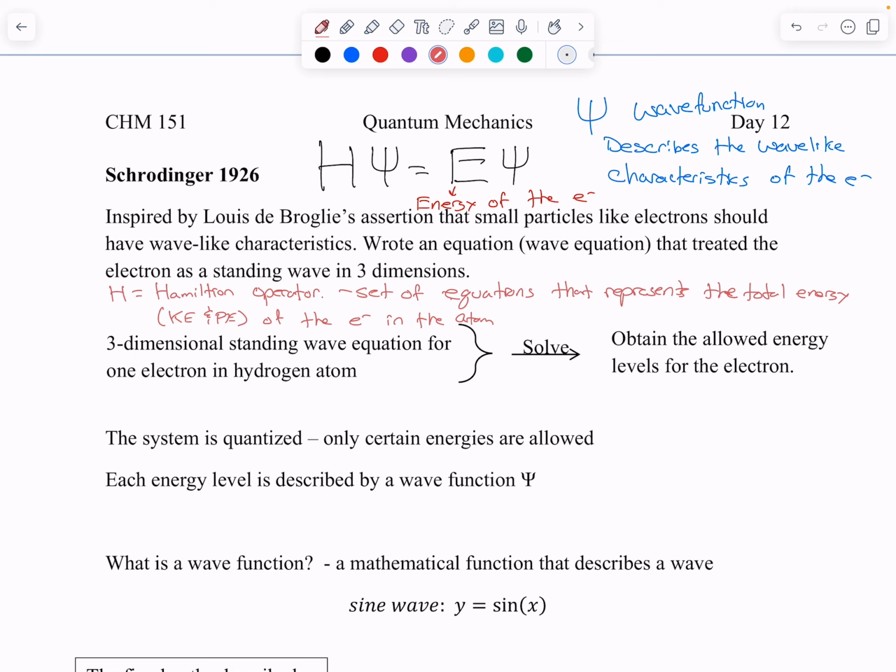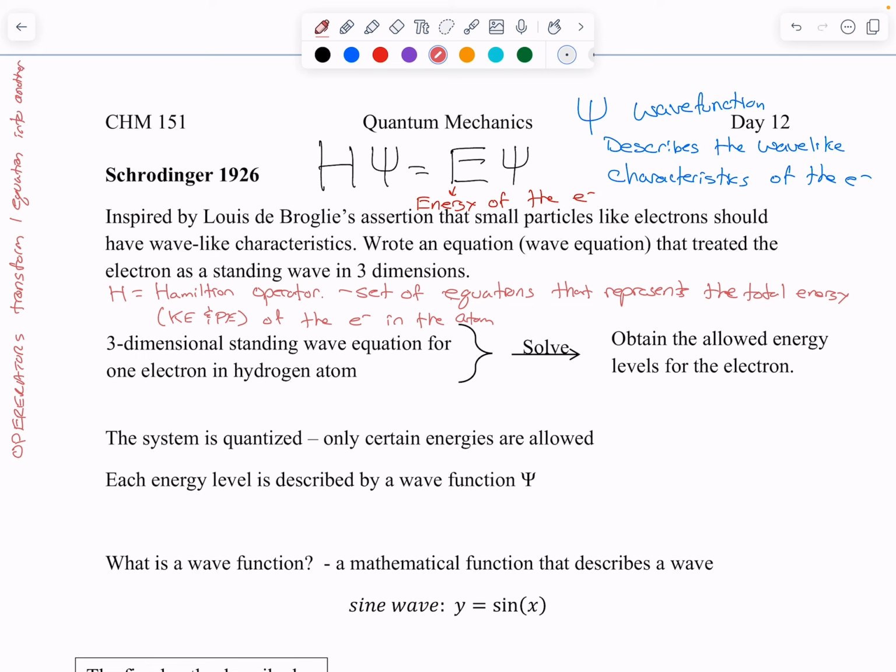transforms, so on a side note, operators transform one equation into, let's spell correctly, another. Right?